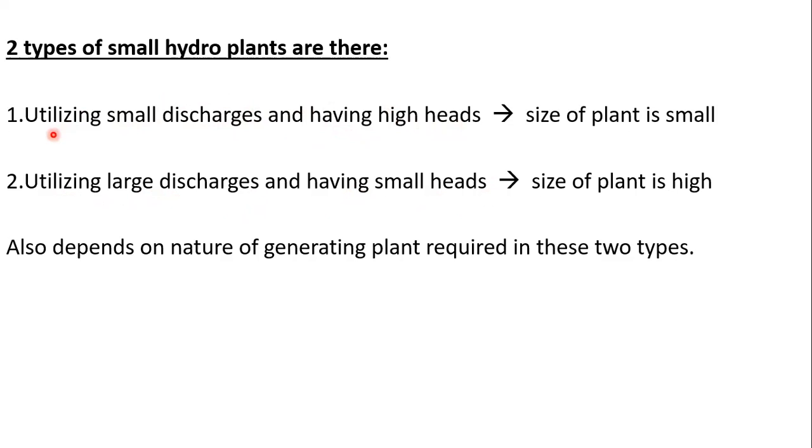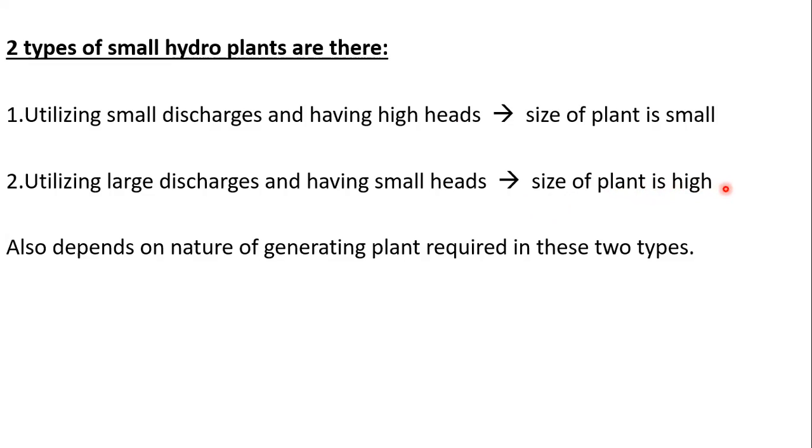When coming to the first one, utilizing small discharges and high heads, the physical size of the plant required is small. And for large discharges, the physical size of the plant will be high.